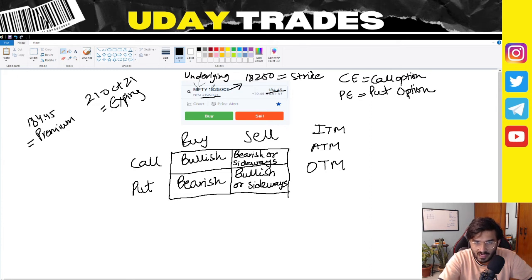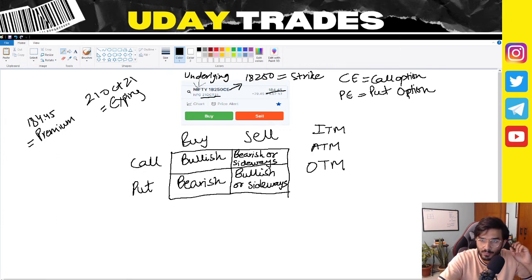If Nifty right now is at 18,250 and this is a call option, the in the money contracts will be those with strikes below the spot price. The spot price is above those strikes. So if you're a buyer of a call option, the call option will be in the money when the strikes are below the spot.